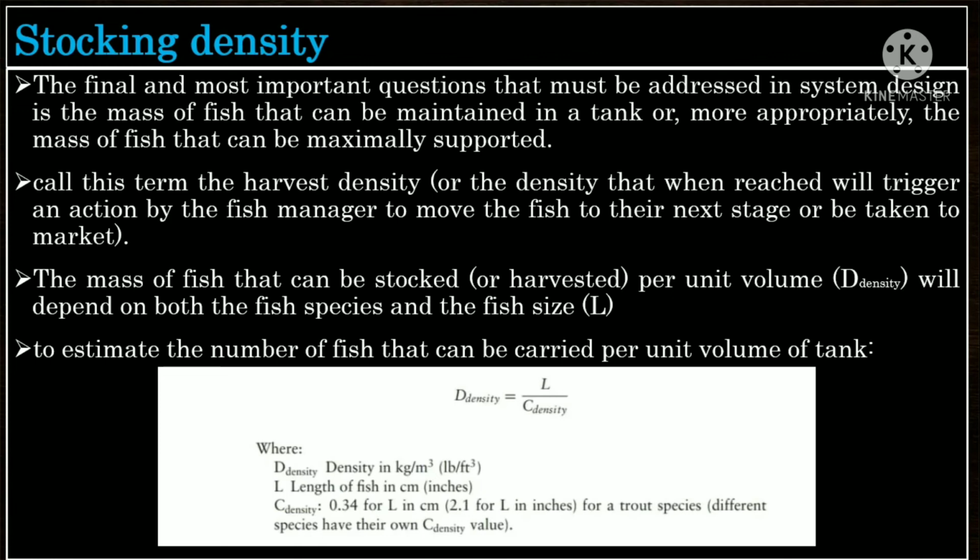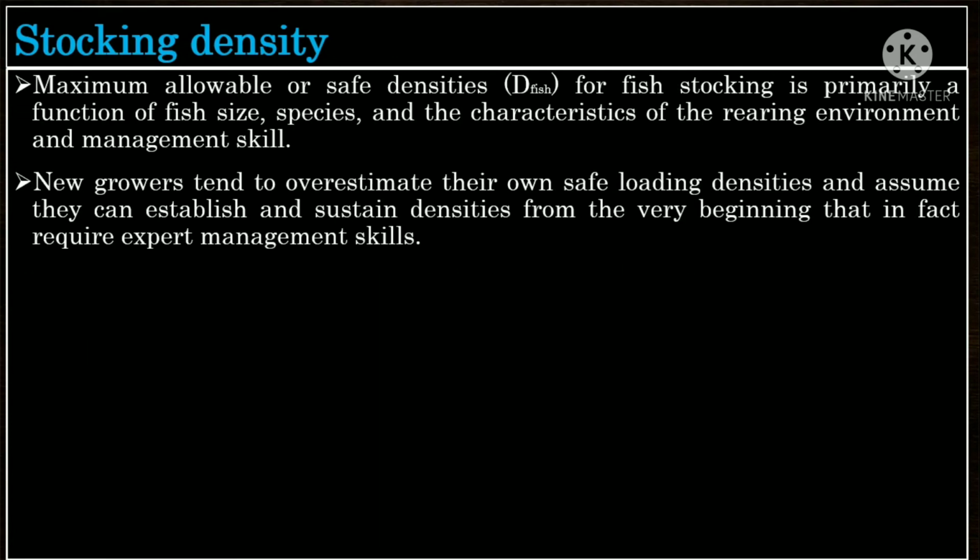The number of fish and their individual weight will define the feeding rates from which all other individual engineering components are designed. The maximum allowable or safe density for fish stocking is primarily a function of the fish size, species, and the characteristics of the rearing environment and the management skills.